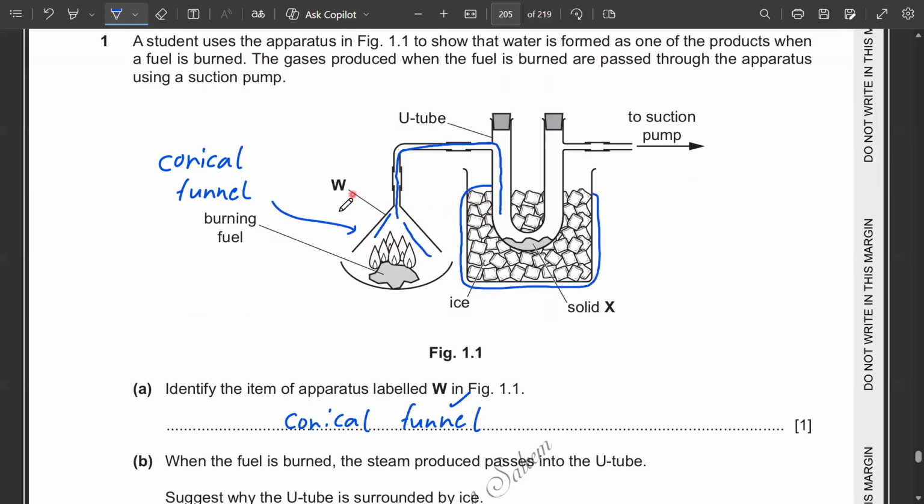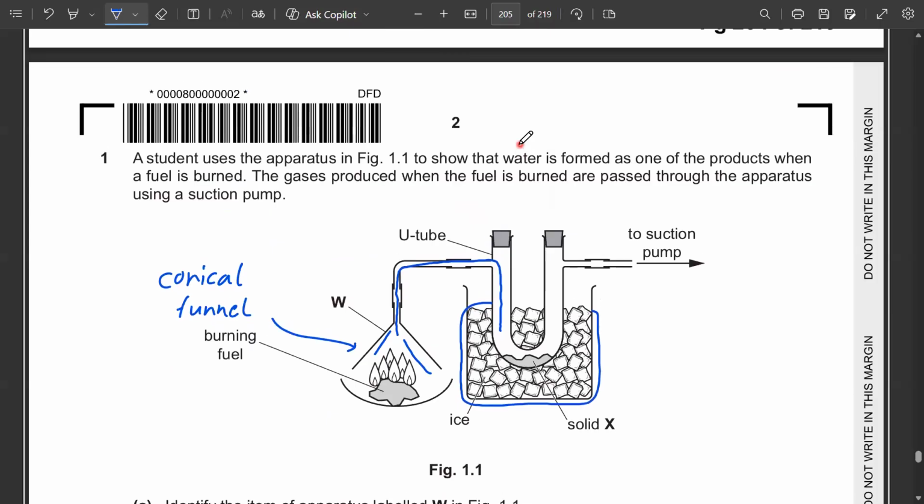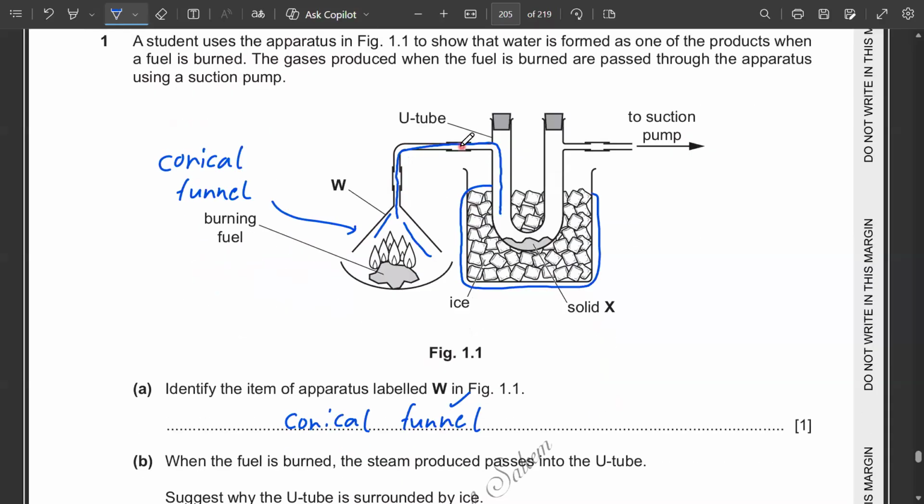So basically, we must understand that when a fuel is burned, it will be releasing some sort of vapors or gases, or it could be a steam.